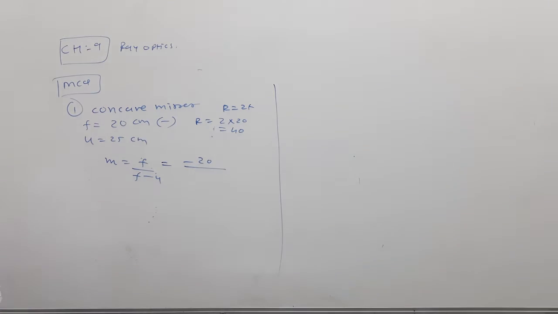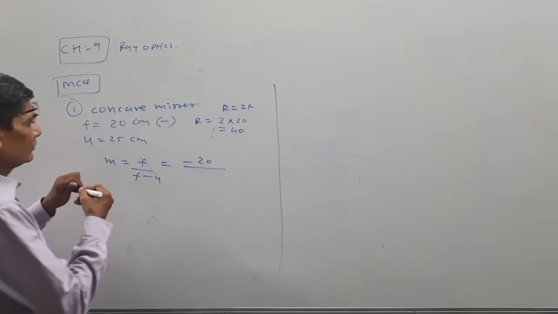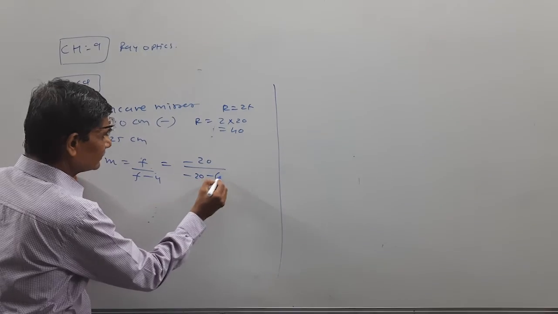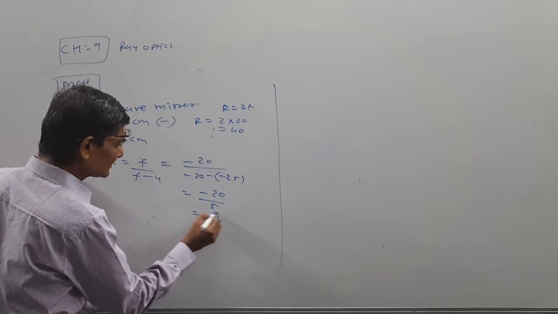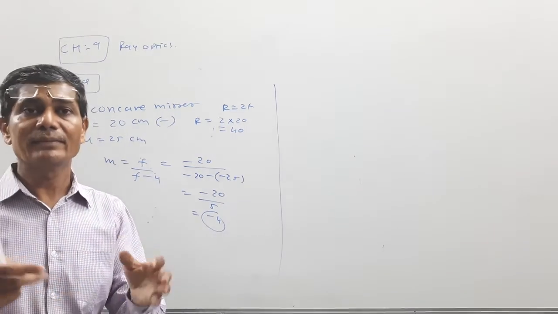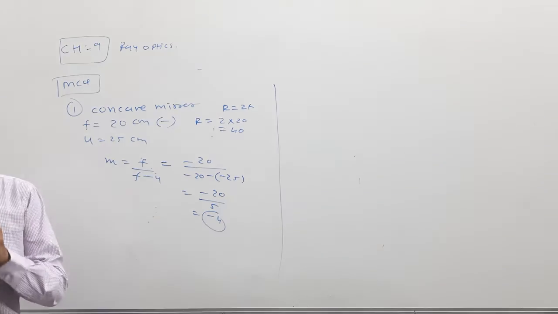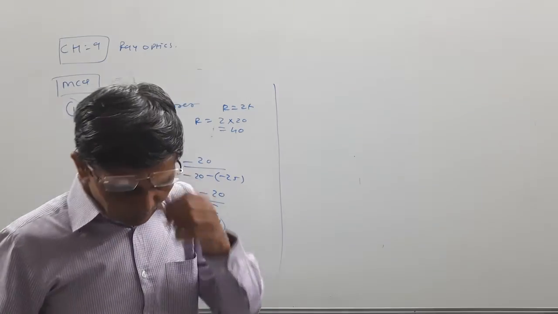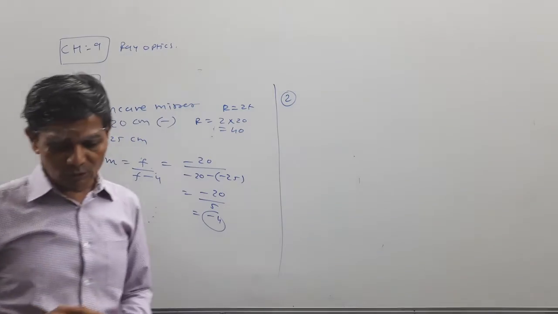So when the object is between f and c, a real image is formed. Now see, minus 20. And we know that when a real image is formed by a concave mirror, m we have to take as negative.